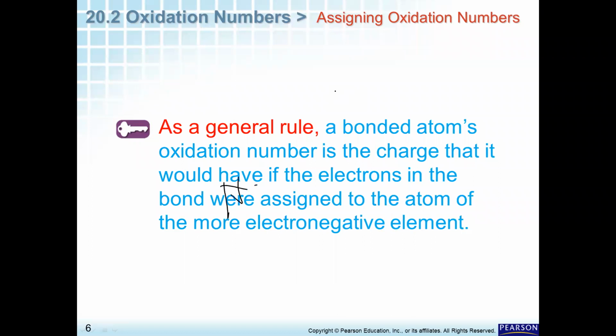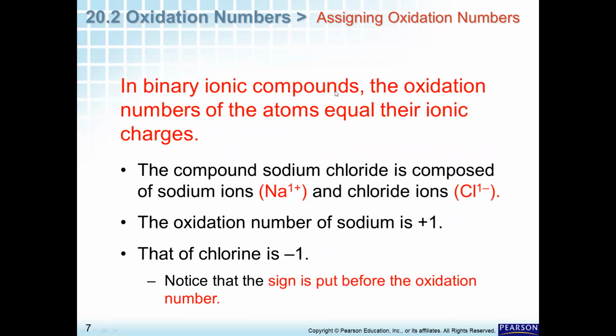If you have H2O as usual, what it says here is that the oxidation number of oxygen, for example, is the charge if these 2 electrons were not only pulled but completely moved. So if the electron is moved, this is going to have -1 and -1 from here, that's a -2. That's what the rule is. But anyway, I don't want you to focus too much on this general rule, because we're going to have 6 different rules that will cover that. So you don't have to worry much about this.